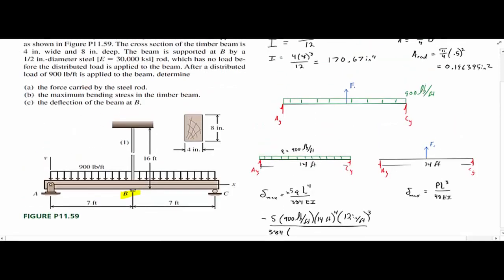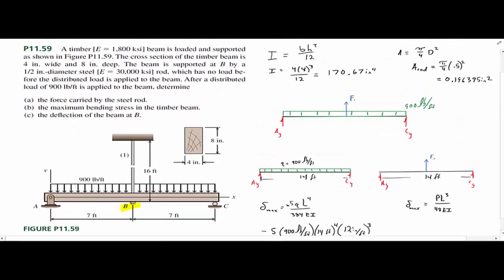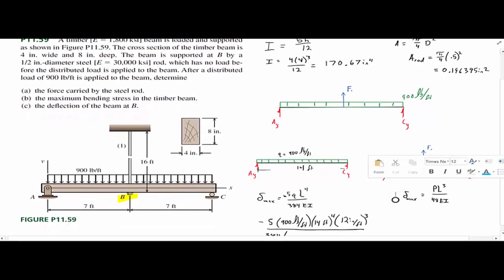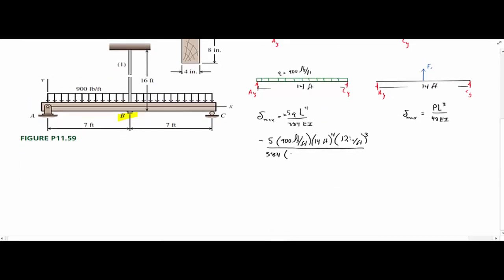compatible. So our modulus of elasticity for the wood, we're going to use, this is kips per square inch, so 18 KSI, kips per square inch, and so we have 18 kips per inch squared, right?